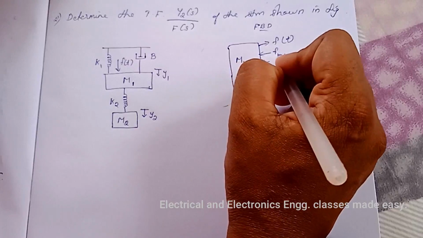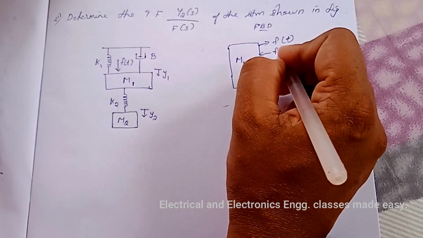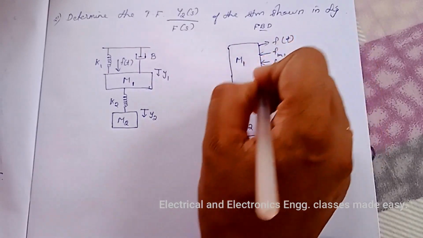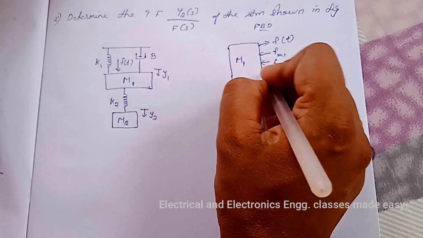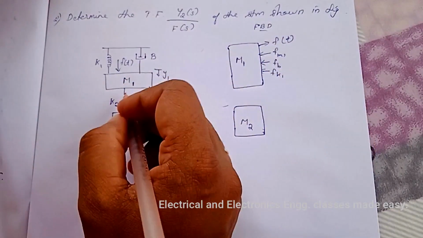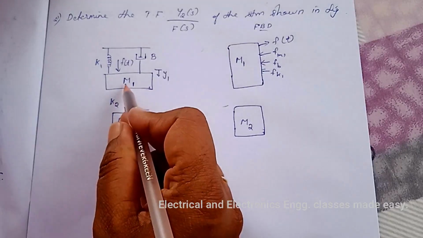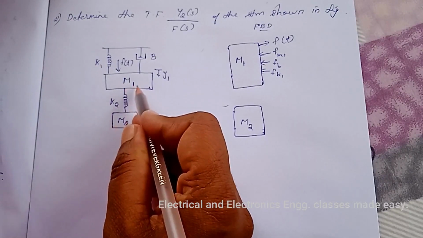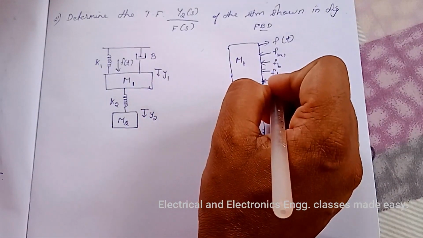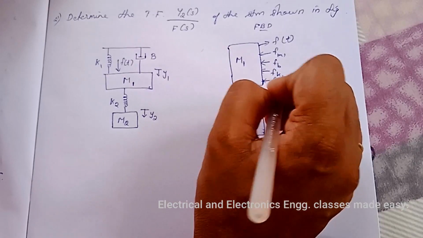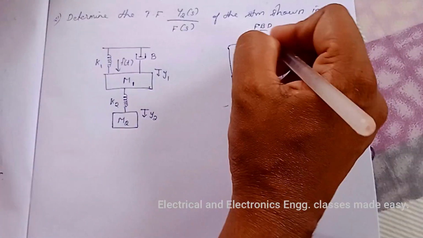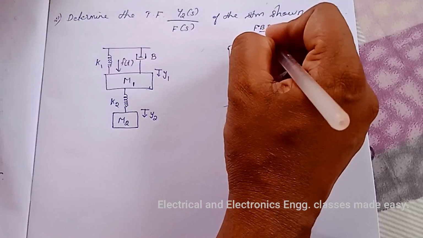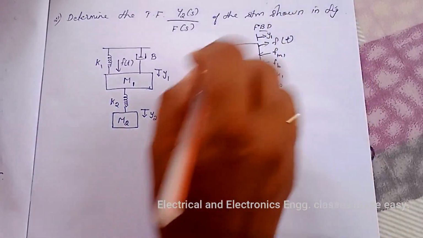FM1, then FB, which are opposite to the applied force, then FK1, and also this K2 is in contact with this M1, so we have to consider that FK2 also, and here the displacement is y1.